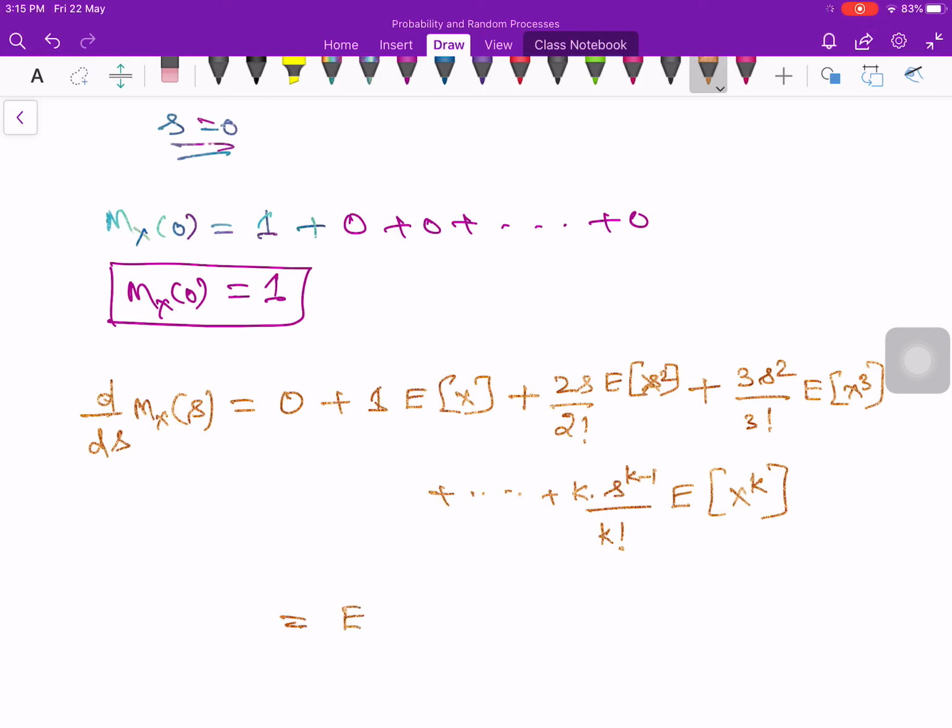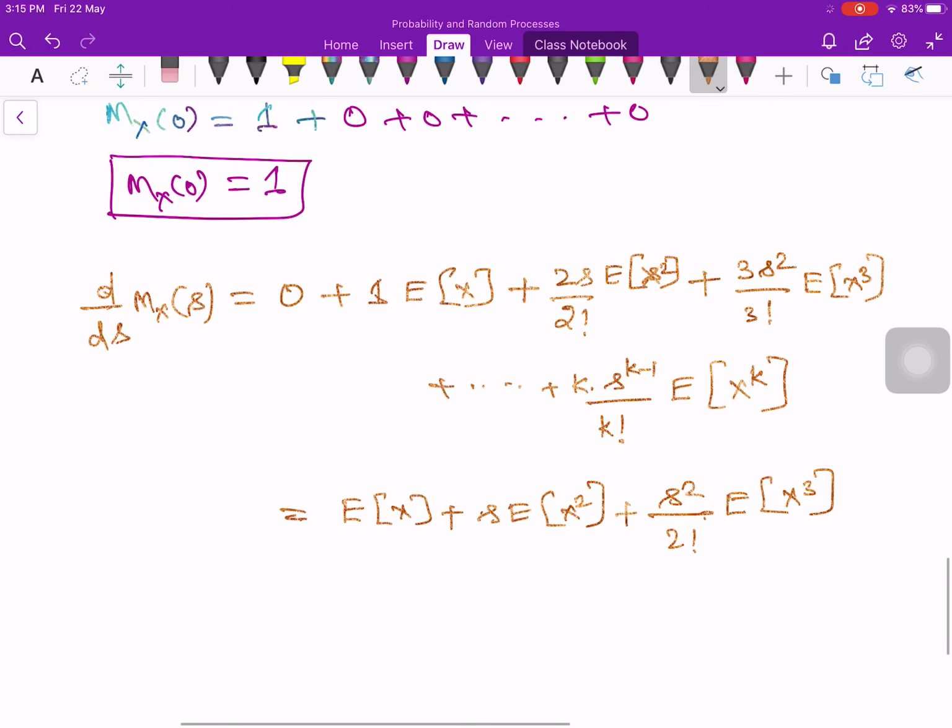You'll get E of X, plus the 2 factor will get cancelled, s times E of X squared, plus the 3 factor will get cancelled, therefore s squared over 2 factorial times E of X cubed, plus and so on, up to s to the k minus 1 divided by k minus 1 factorial times the expected value of X to the k.